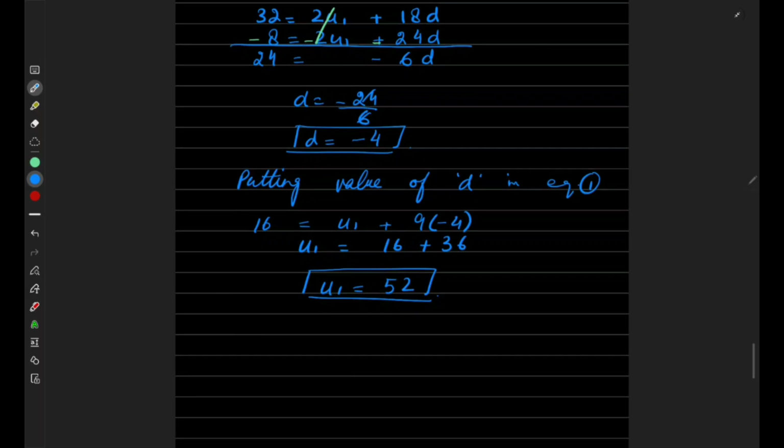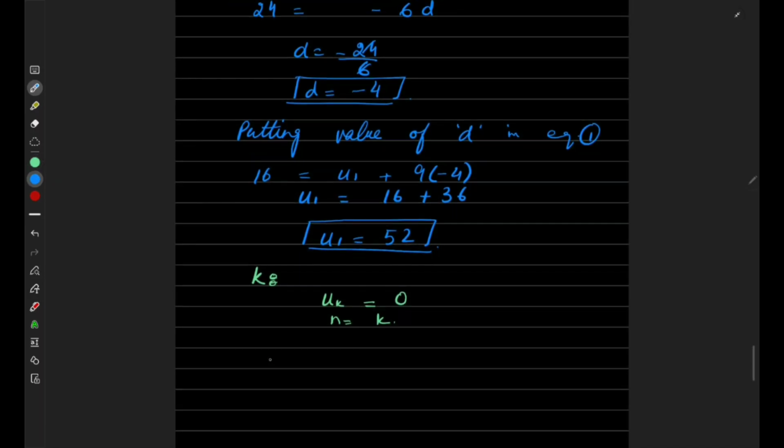Now for the value of k, we are given that Uk is equal to 0. Here n is equal to k. So by using the nth term formula, we put n as equal to k.